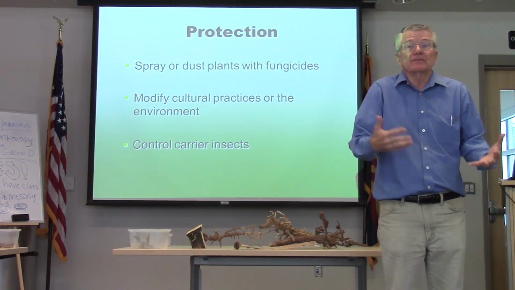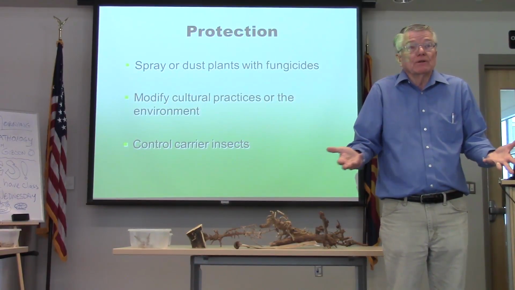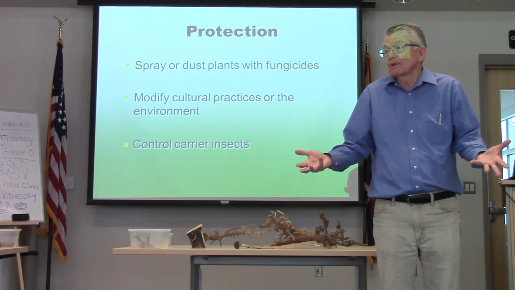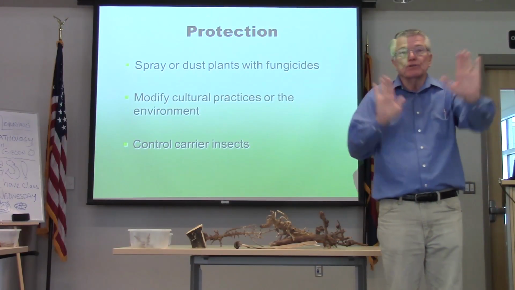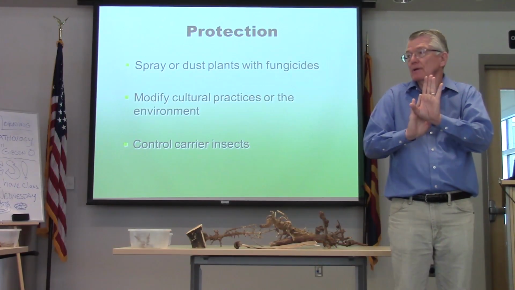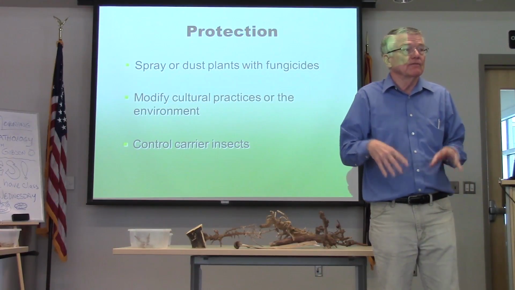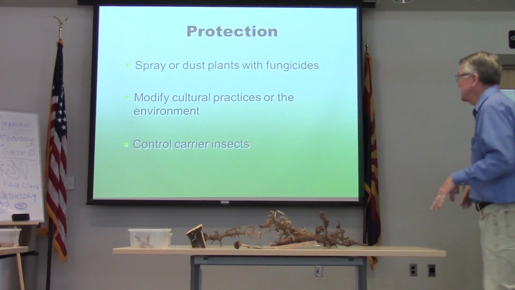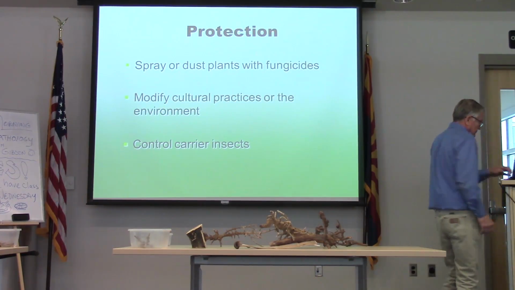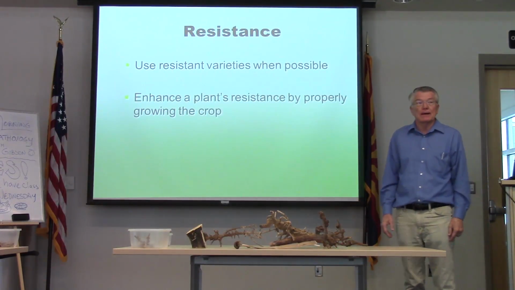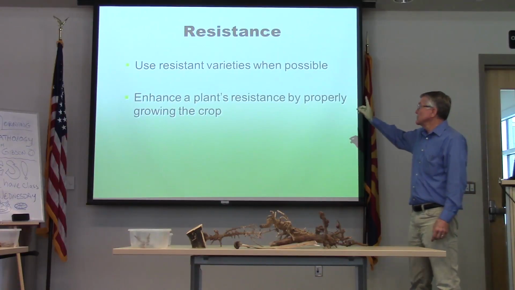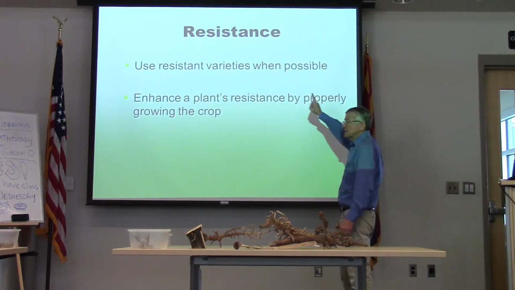Sometimes I'm going to have to accept that there's going to be some damage from these things. So a multitude, a program, is what I'm advocating for disease, insect, and weed control. Resistance, which we've talked about quite a bit, means using resistant varieties when possible.